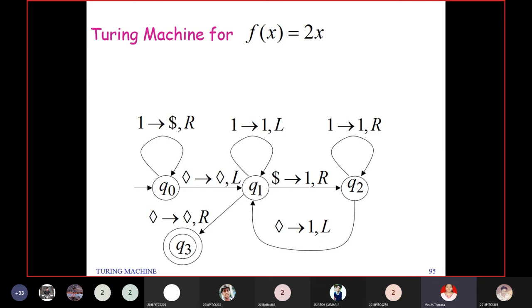When you find an empty symbol, a blank, you keep it as blank and move left. In Q1, when you find 1, you keep it as 1 and move left. When you find a dollar, you convert that dollar into 1 and move right. And you have to repeat this operation until you find the blank.